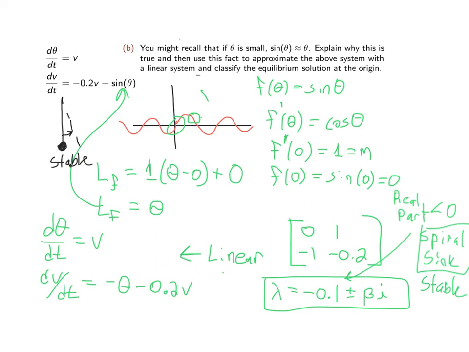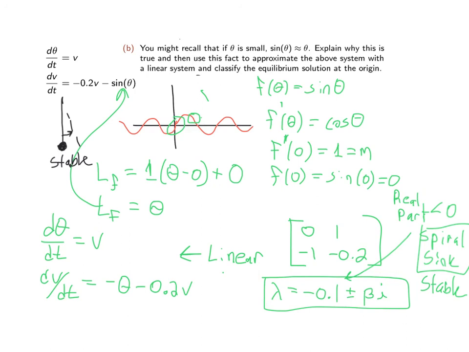So this analysis really only applies when we're considering values of theta that are really close in here. If we move to some other point on the line, this linearization, approximating the sine of theta with theta, is not going to be a good estimate at all.